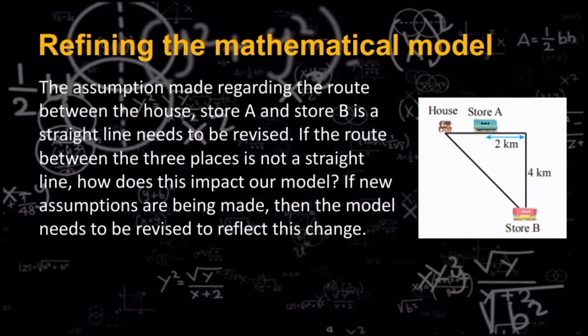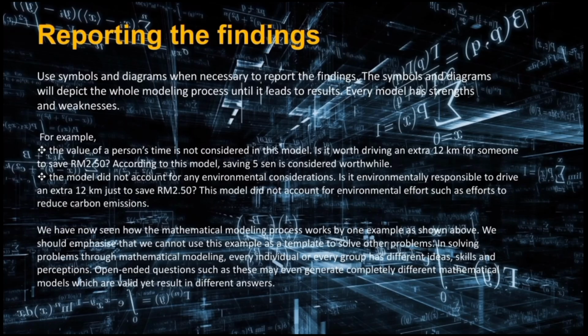If new assumptions are being made, then the model needs to be revised to reflect this change. Reporting the findings. Use symbols and diagrams when necessary to report the findings. The symbols and diagrams will depict the whole modeling process until it reaches the result.